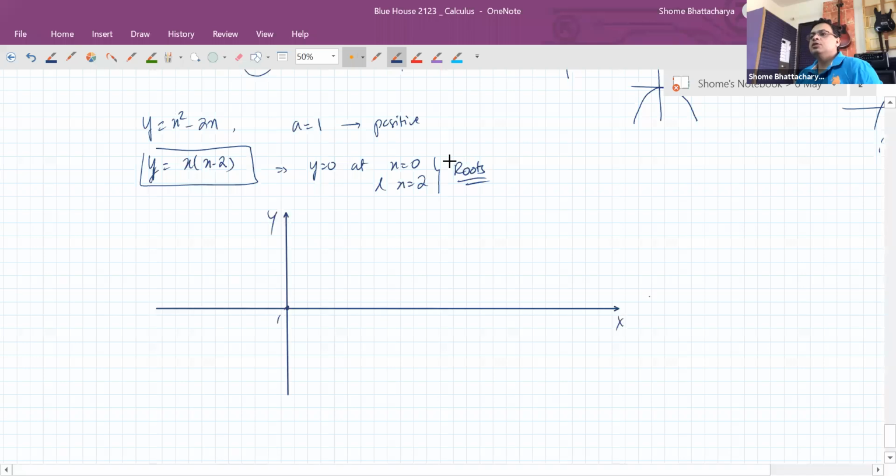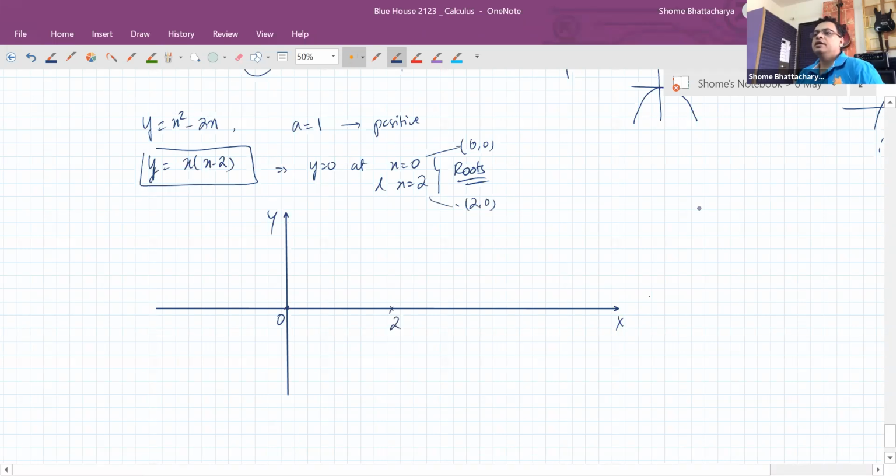The value of y should be 0, so the parabola should go through the point (0, 0). And similarly, when I substitute the value of x as 2, the value of y should again be 0. So it should be going through the point (2, 0).